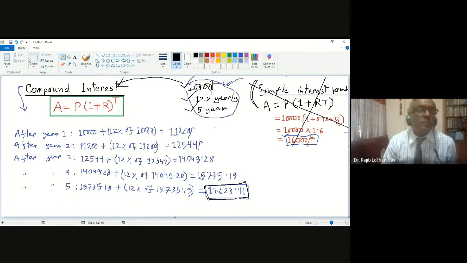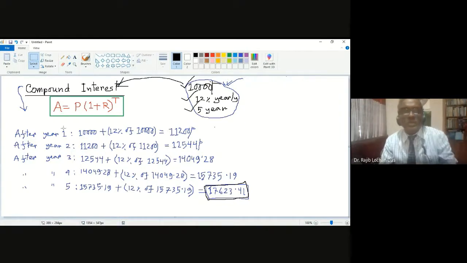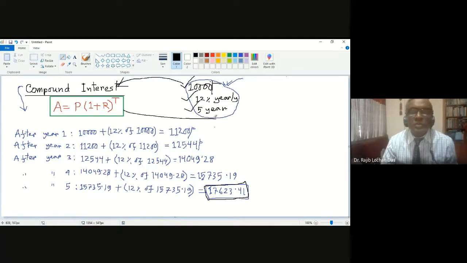So how can you apply this in this formula? What you should write? I'm just showing it to you here. You should write A equal to 10,000, and then bracket 1 plus 0.12, that is 12%, and to the power what?